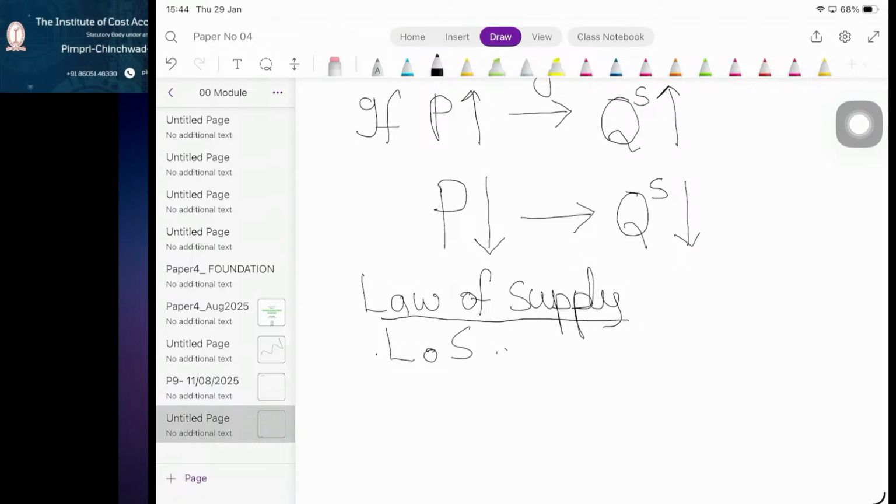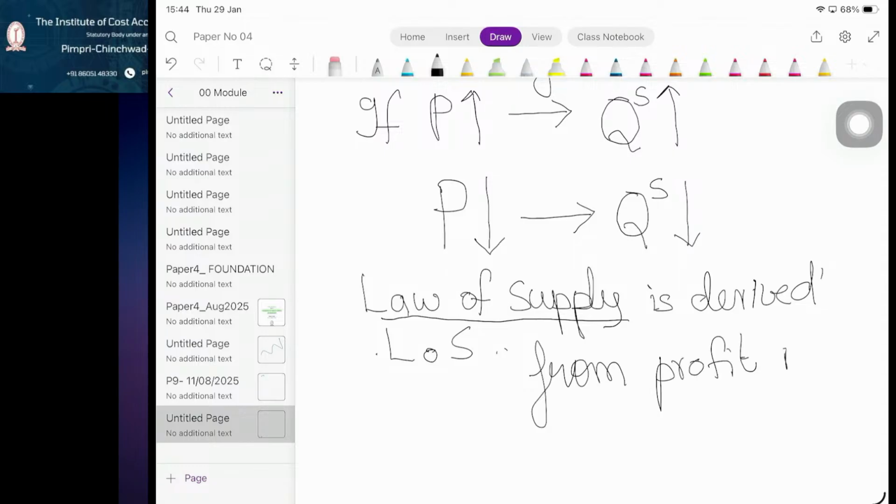The law of supply states that, or is derived from profit maximization behavior.